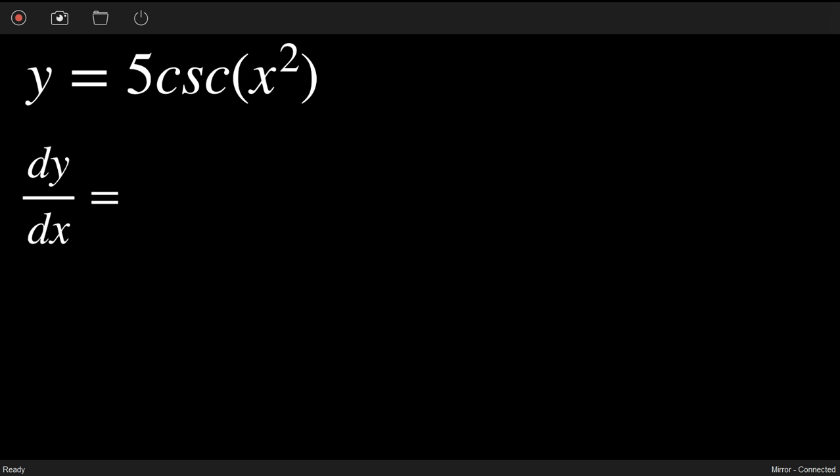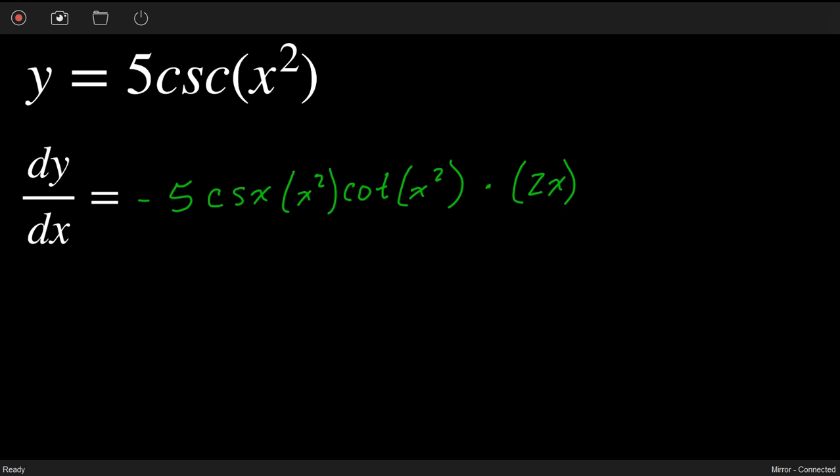So the derivative of cosecant is negative 5 cosecant x squared cotangent of x squared, and then we multiply by the derivative of the inside part, which is 2x.